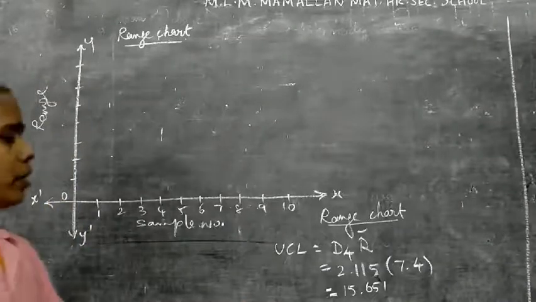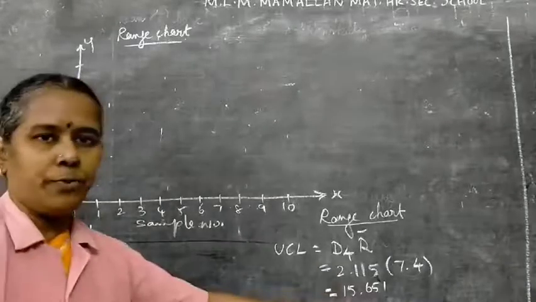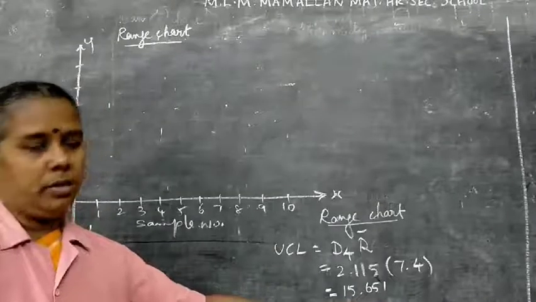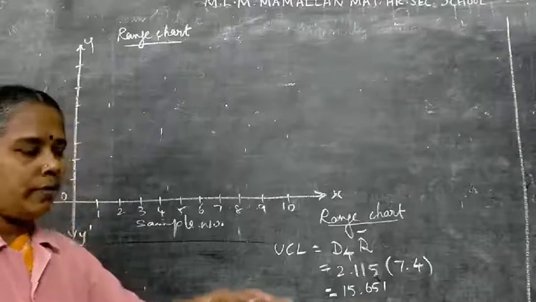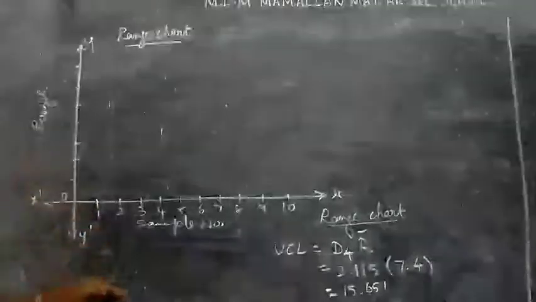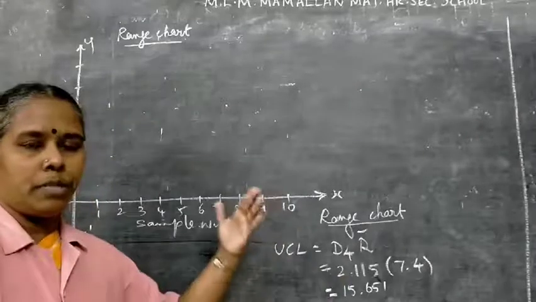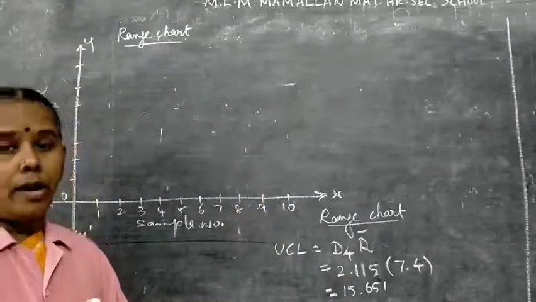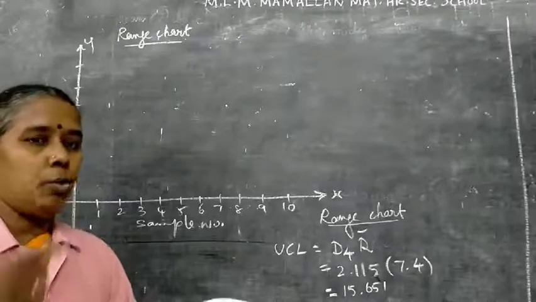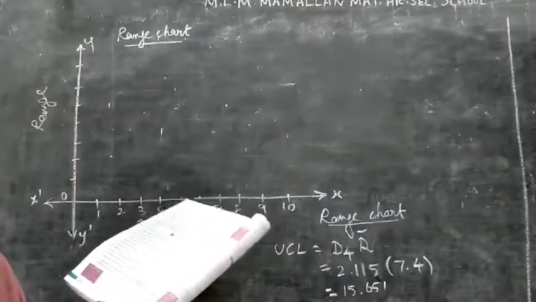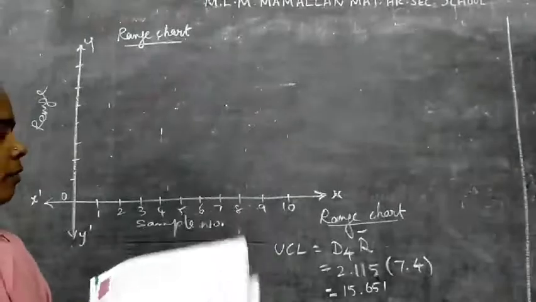See, look at your upper control limit. This is up to 15. But your lower control limit is 0. So definitely you are going to start from 0 up to 15. 15.6 something, up to 16 or 17 also you can do. At the same time, you should check your table column up to which number you have, up to 12 only. So no problem. You can give up to 16.